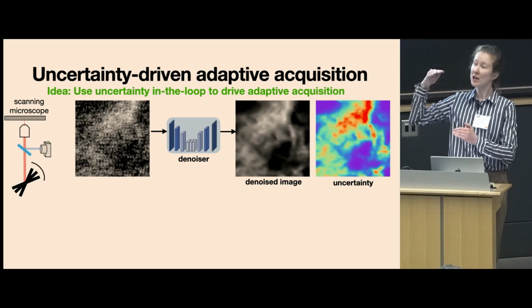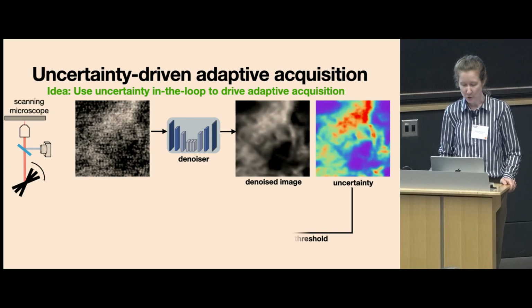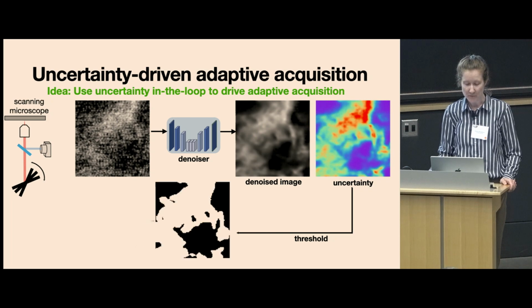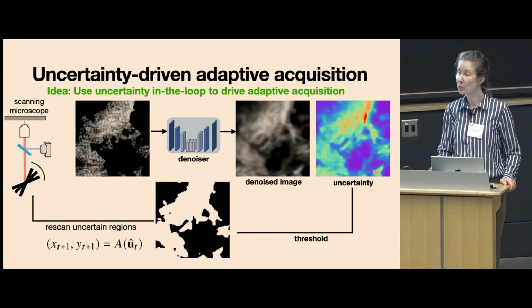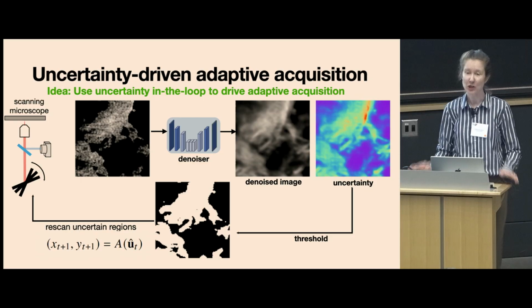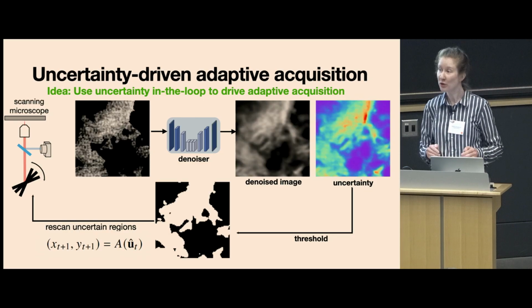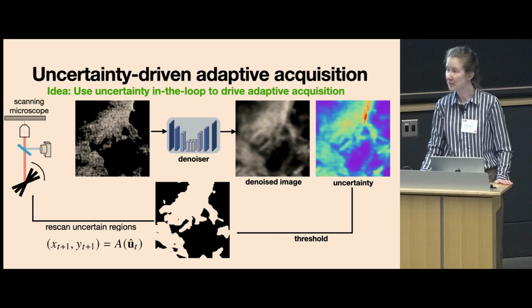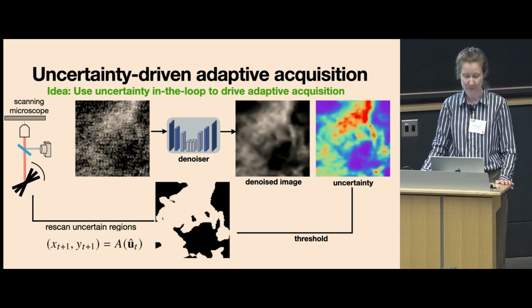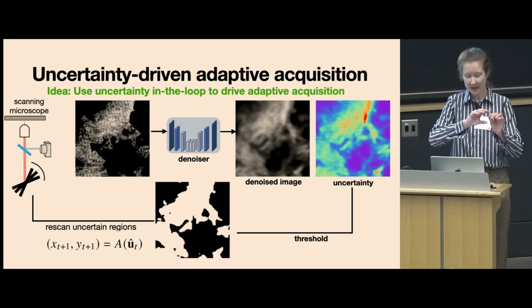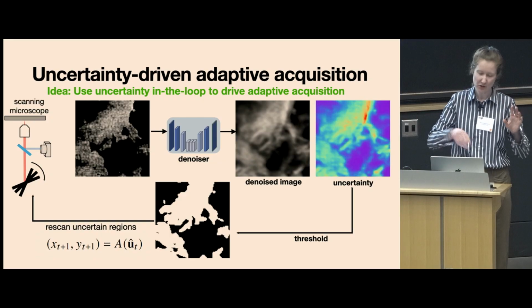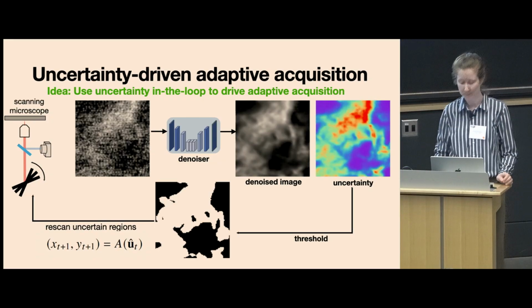We simply threshold the uncertainty, and we use that to tell the microscope where we want to rescan. We acquire new measurements, which allows us to do multi-image denoising to get a better estimate of the denoised image. Okay, so we scan, predict the uncertainty, threshold, rescan, and do this in the loop.